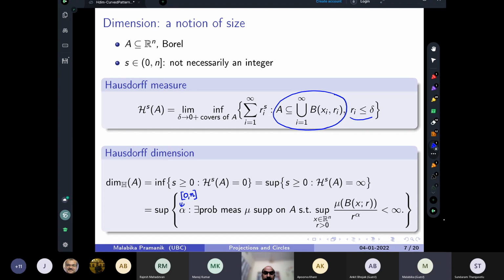The ball condition says that the measure mu assigns to any ball of radius r is bounded above by a constant multiple of r to the power of alpha. We are going to call such measures Frostman measures of order alpha.